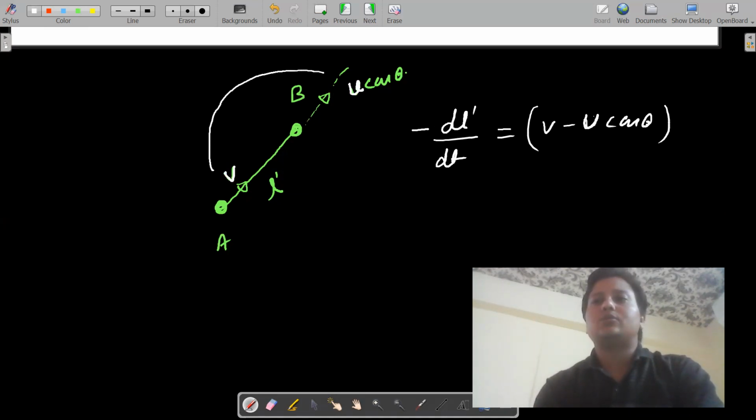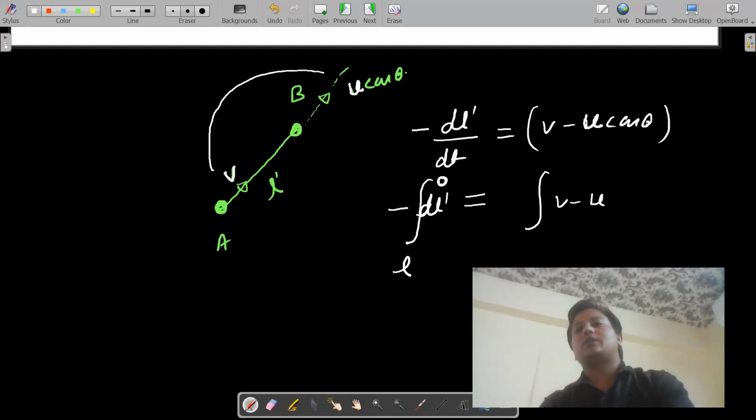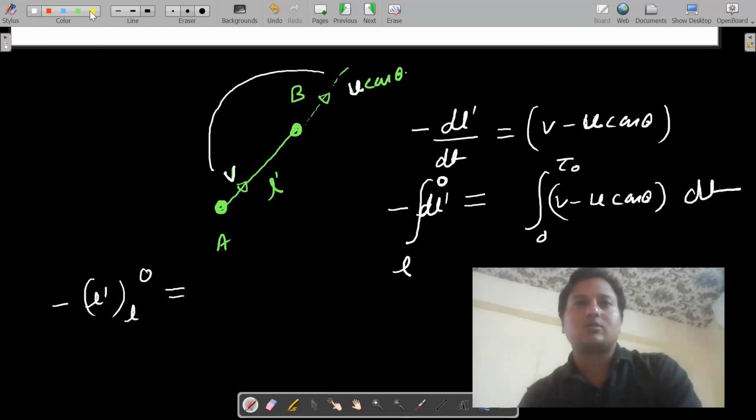And the integral limit is: initially the distance was L and finally the separation will be 0. So that equals the integral of (v minus u cos theta) dt. Taking the limit, L to 0 corresponds to 0 to tau naught, where tau naught is the time in which they converge.